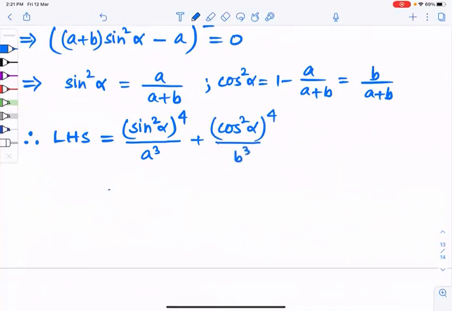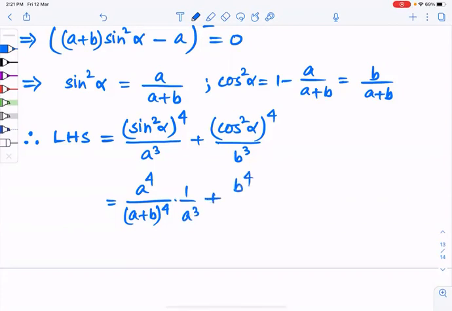And that will be equal to, sine square alpha means a by a plus b, so it is a to the power 4 by a plus b to the power 4, and then 1 by a cube, plus b to the power 4 divided by a plus b whole to the power 4 into 1 by b cube.